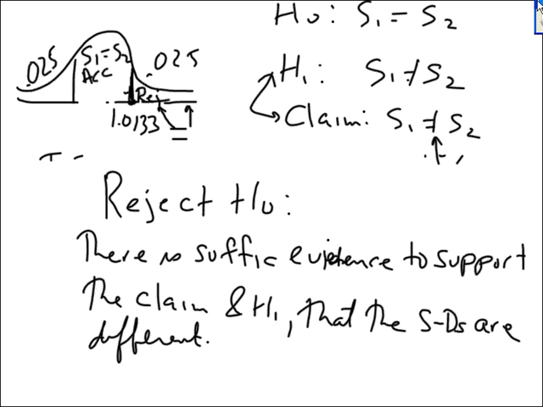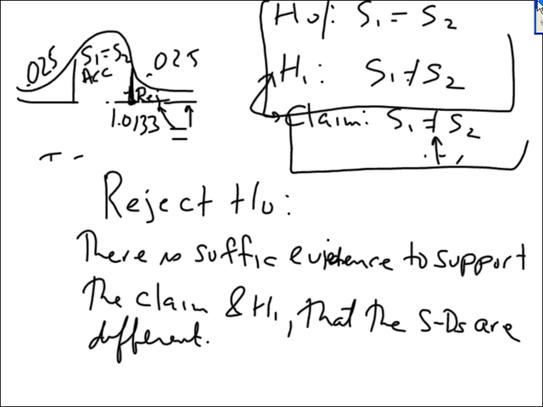Over here and underneath, everything in this box, it should not have said S1, it should have said sigma 1, sorry. It shouldn't have said S2, it should have said sigma 2. And in the center here, it should say sigma 1 equals sigma 2. Very sorry about that. It's a pretty big error.